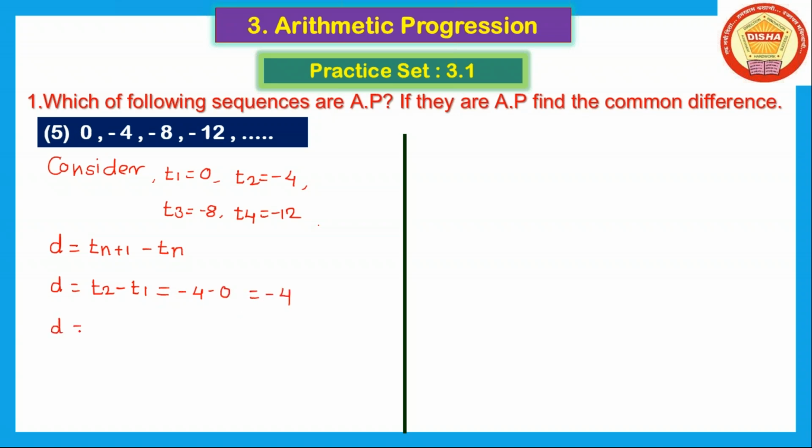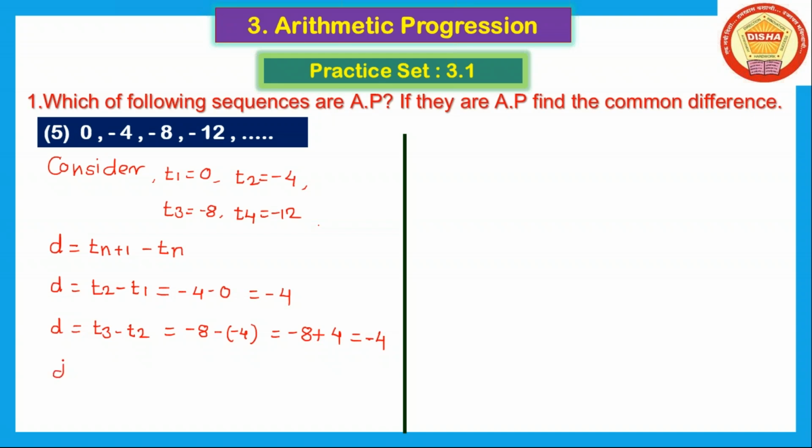Then we find D is equal to T3 minus T2. Again we put the value of T3 is negative 8 minus T2 is negative 4. Means negative 8 minus into minus is plus 4. Okay. Means subtraction between the two numbers, both have different sign, means subtraction is 4 and the sign of the bigger number is negative. Okay.